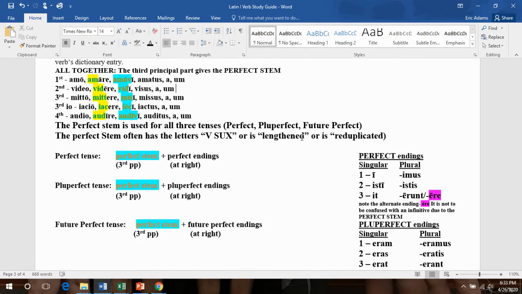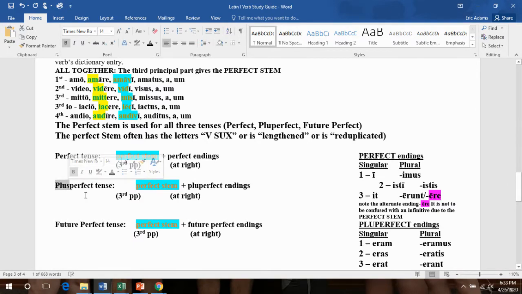Pluperfect actually is shortened from plusperfect, which means more completed. And so it is the action of the past before the past. The future perfect is going to be an action that happens in the future, but it is completed in aspect or in relationship to another action. And I'll give you an example of those in a moment.